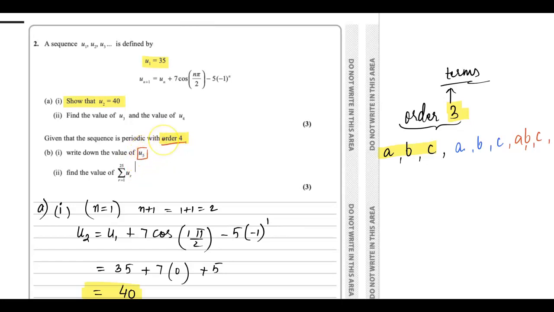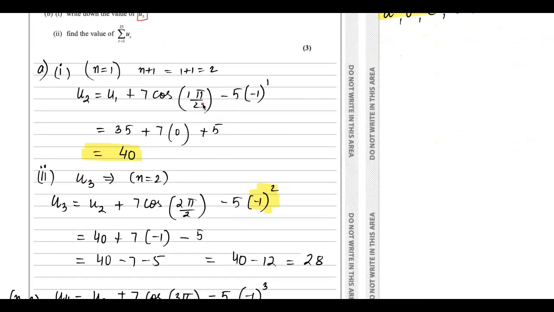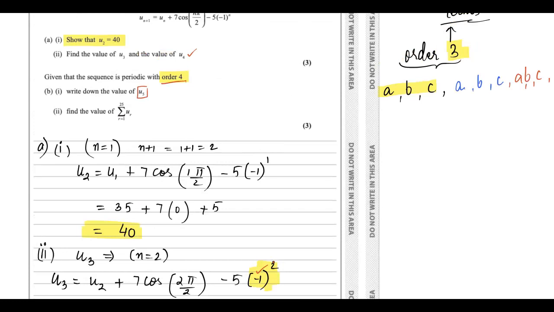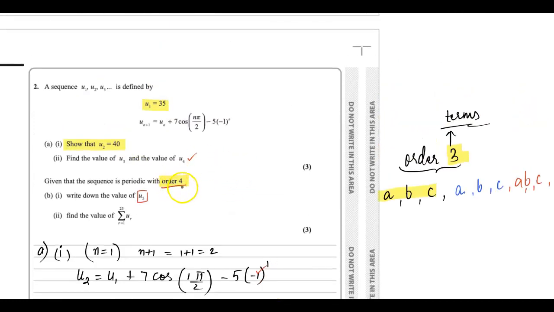Order 4 means it has 4 terms, and we found u4. So it would be having u1, u2, u3, u4, and your 5th term will actually be u1 again.